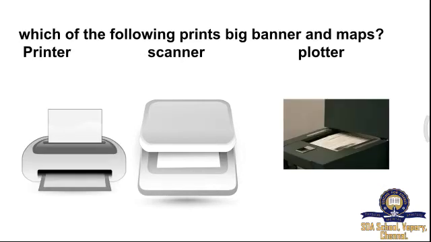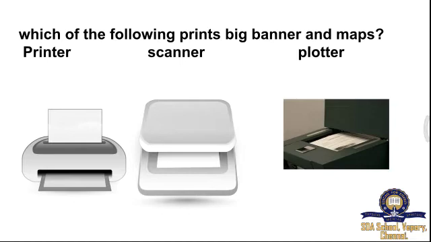Next, which of the following prints big banners and maps? On an A4 sheet kind of paper we write tests and all, that is A4 size sheet. But the big banners you see on the roadside are also printed, and separate machines are there to print those banners.